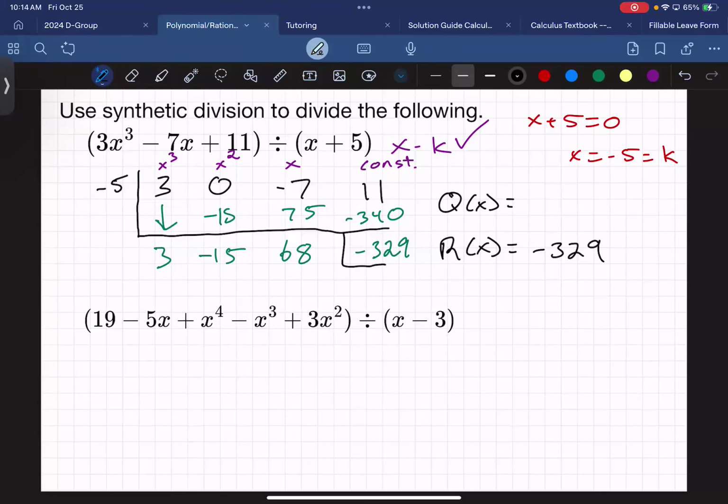But what do I need to do with the quotient? Like x cubed divided by the x of the -5, you get x squared, x, and then a constant. So they're dropping each of the degrees by 1 degree. So we would write that as 3x squared minus 15x plus 68.